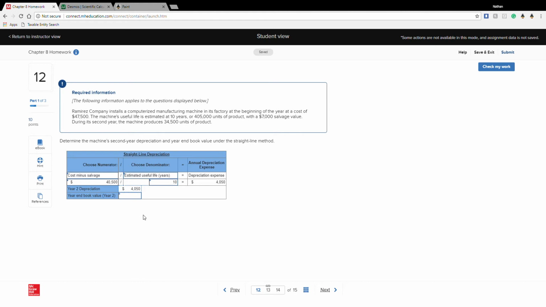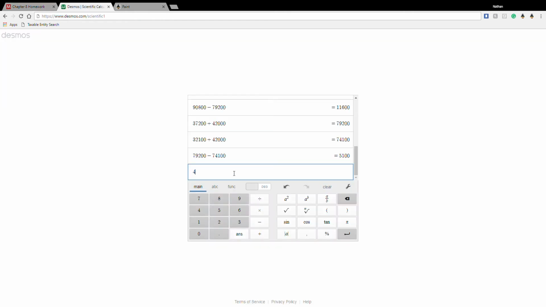Now, it's going to ask for year-end book value. Remember, book value is our initial cost minus accumulated depreciation. Since we got year 2, this means our straight line is times 2 for year 1 and year 2.